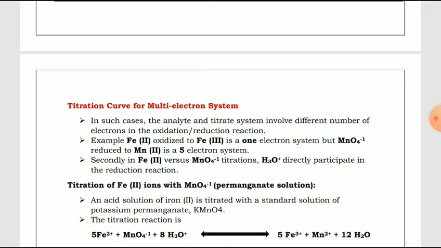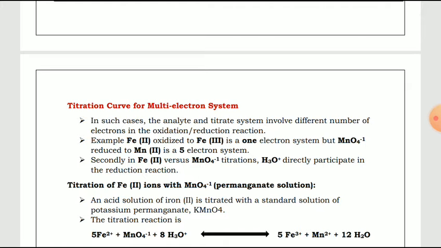But in the case of permanganate ion, MnO4- reduced to Mn2+ is a 5 electron system. Secondly, in Fe2+ versus MnO4- titrations, H3O+ directly participates in the reduction reaction.